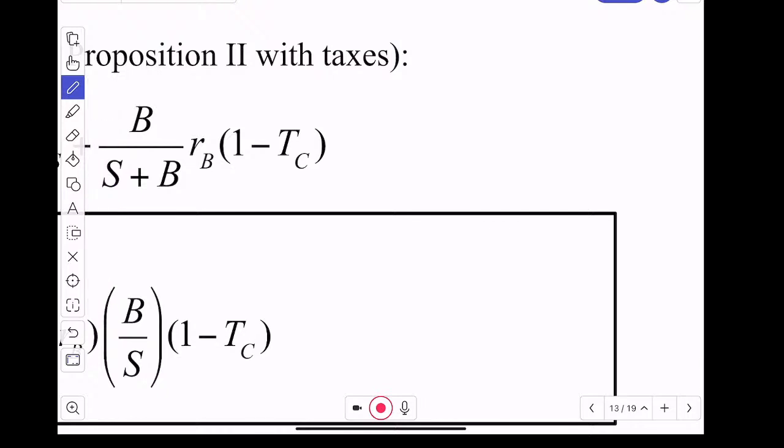There is the average investor. We have to think of the return to the average investor in the levered firm, who gets WACC, the weighted average cost of capital.